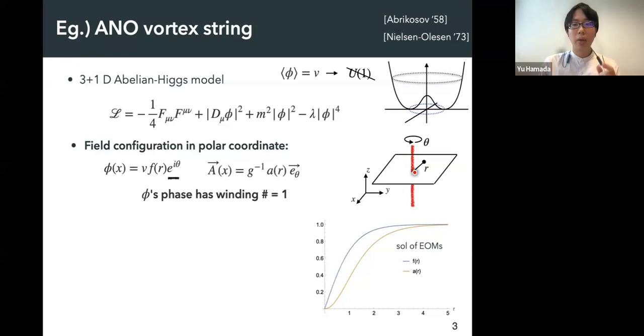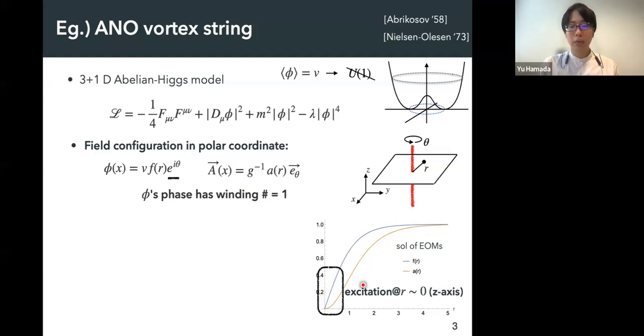So this means that if we change the spatial angle theta from 0 to 2 pi, then the phase of phi also changes from 0 to 2 pi. There is a one-to-one correspondence between the spatial angle theta and the phase of the complex scalar phi. So this has winding number unity. Substituting this configuration into the equations of motion, we can solve them and get solutions for f and a.